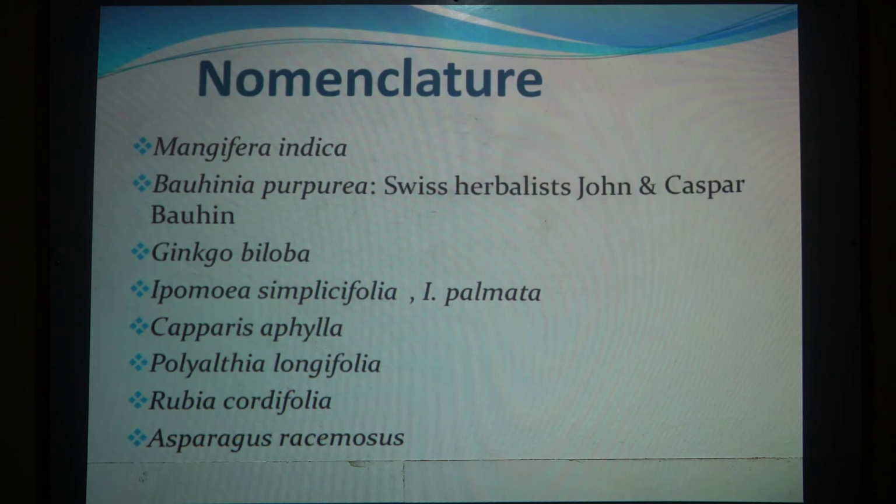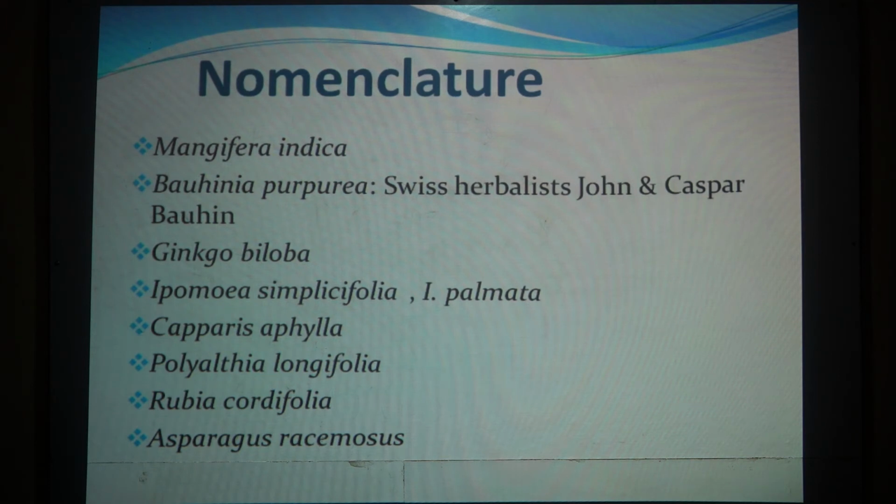Same like leaf morphology, fruit is also used in naming plants. For example, Cassia fistula, because the fruit, that is the pod, is just like a long pipe, and in Greek fistula means pipe. So the name Cassia fistula has been given because the fruits are like a long pipe.